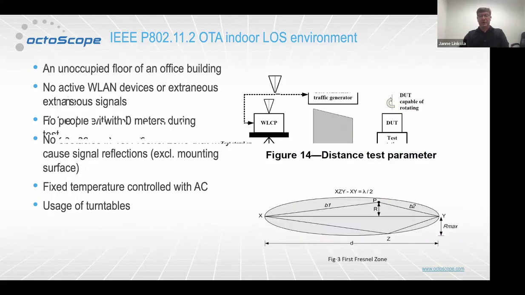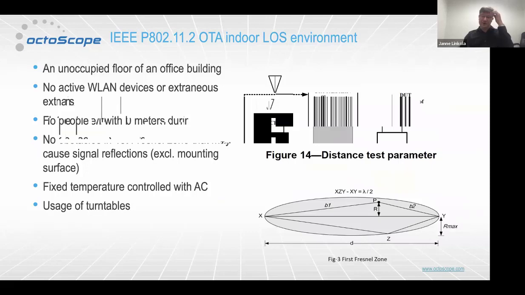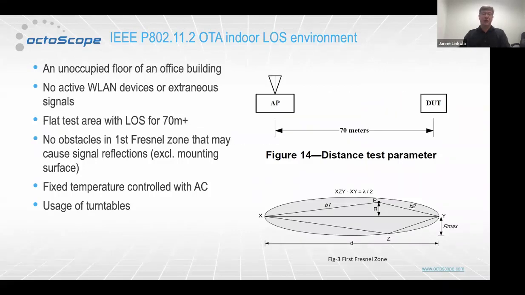All right. The other indoor test environment that they define is what they call the line of sight environment. This is effectively an unoccupied floor of an office building. They call for there being an unobstructed line of sight link for at least 70 meters.